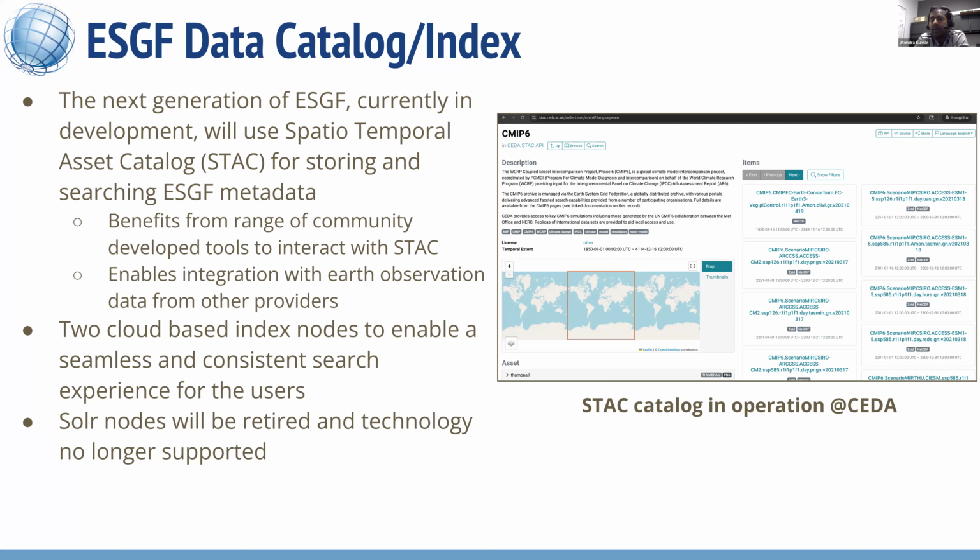They are mirrored, and everything is in one place. Unlike previously, when we had these data shards scattered across different Solr nodes, and we were trying to do a distributed search. So as I said, Solr nodes will be retired, and that technology will no longer be supported. Everything that I'm talking about is still work in progress. Nothing is in production. Everything is in the testing phase.